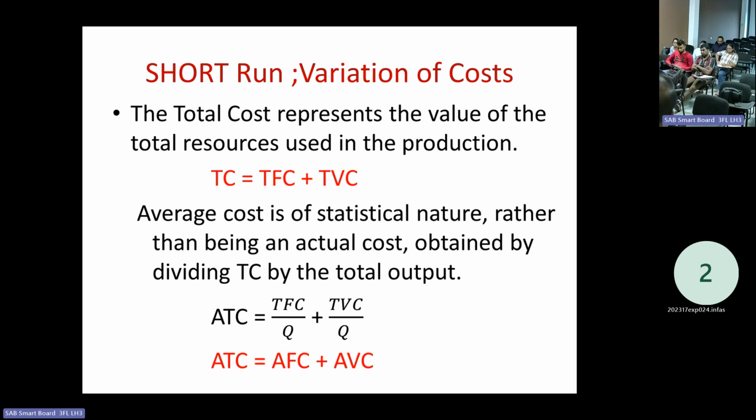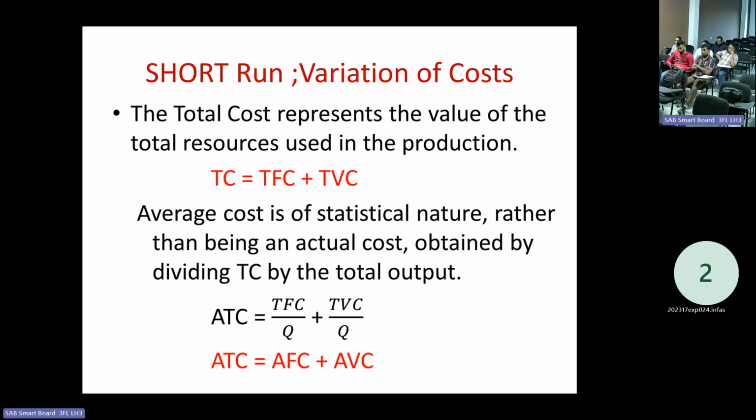That is TC divided by Q. TC means FC plus VC, so average cost means average fixed cost plus average variable cost, that is TFC divided by Q plus TVC divided by Q. So ATC, average total cost, equals average fixed cost plus average variable cost.